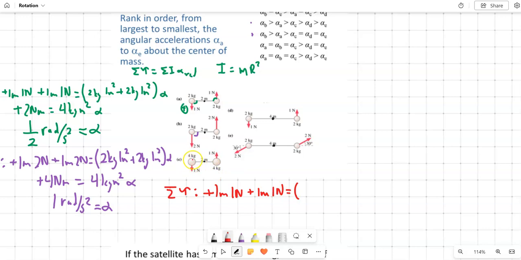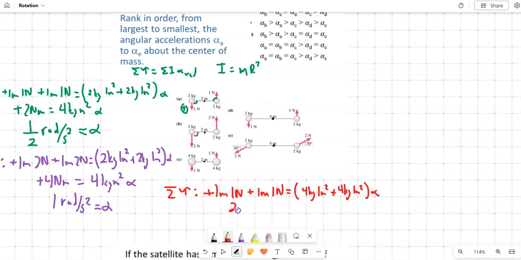Now we're going to sum our moments of inertia. It's going to be 4 kilograms times 1 meter squared plus 4 kilograms times 1 meter squared, and that's multiplied by alpha. So right here, we add these up.